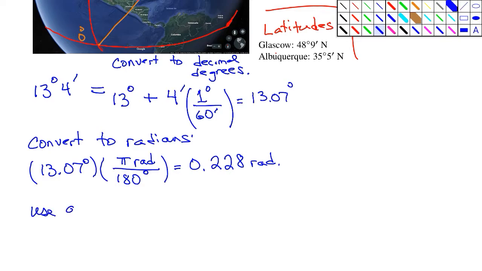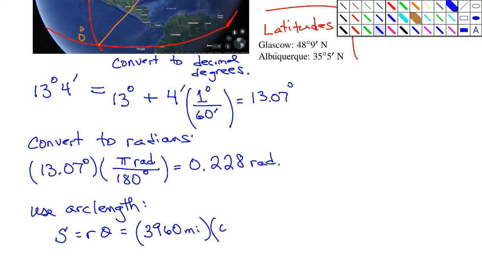And now we're going to use arc length. So S is equal to R theta. R is 3,960 miles. My angle is 0.228 radians. And so the distance is 903.10 miles.